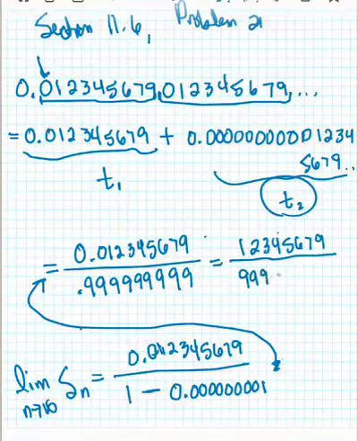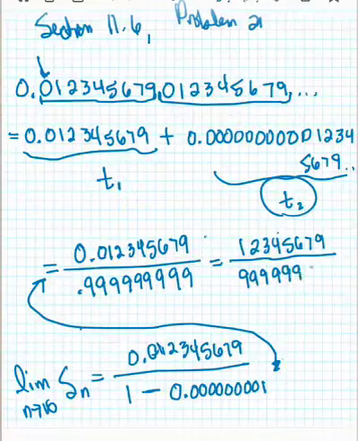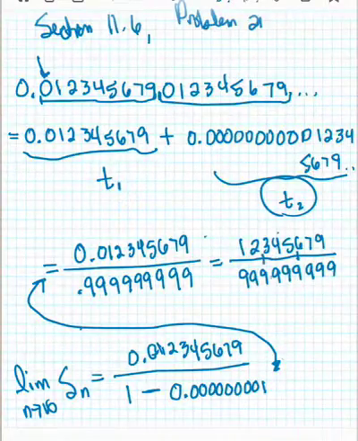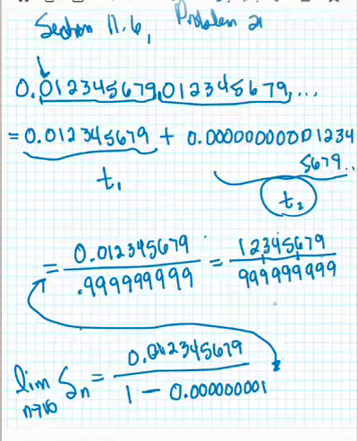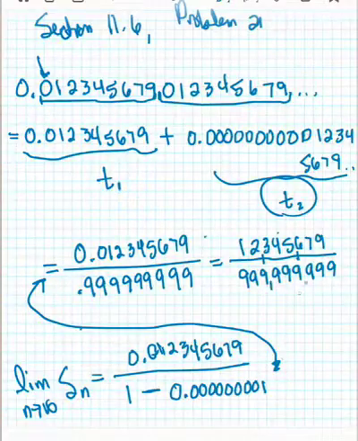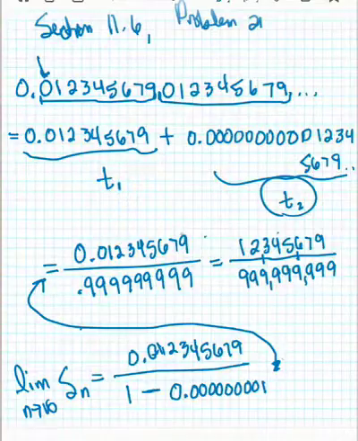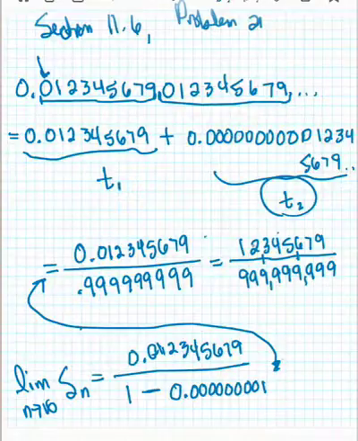and this is kind of the trick to the problem, because how do you simplify this fraction? The numbers are 12,345,679 divided by 999,999,999. The key was to see that the numerator divides into the denominator.